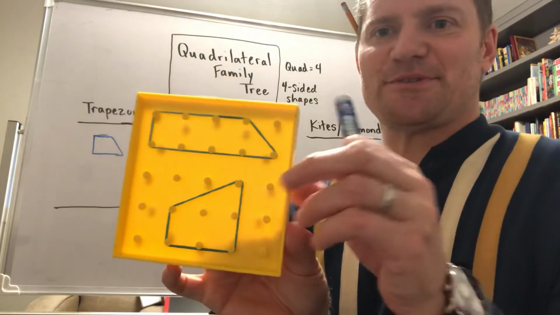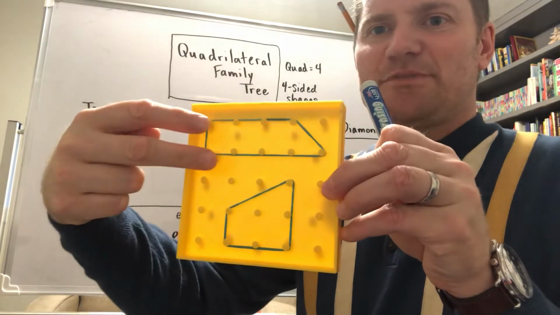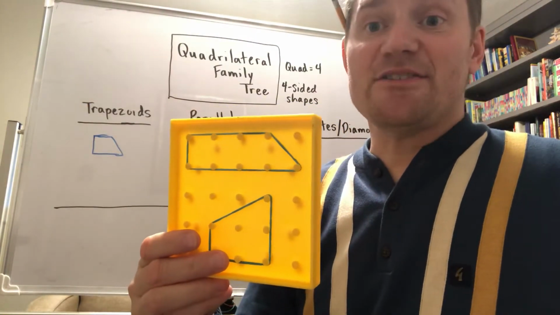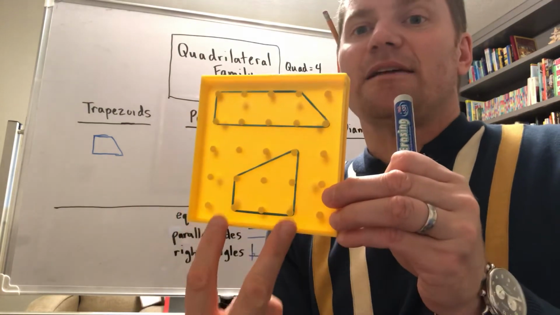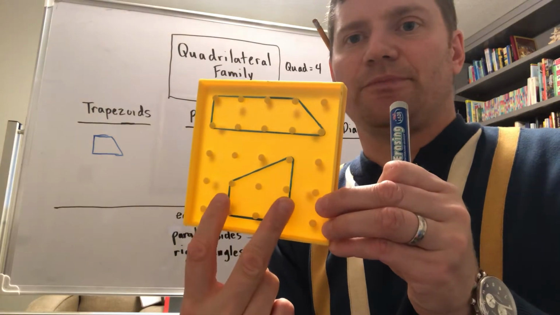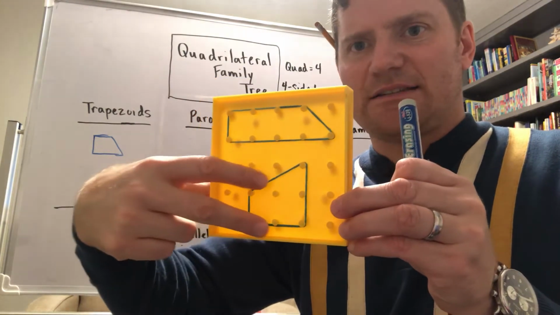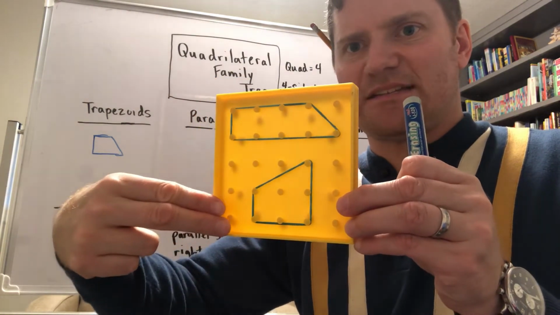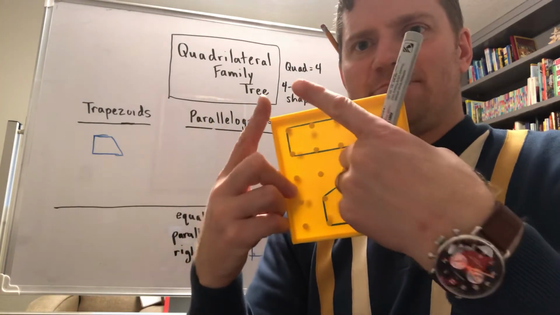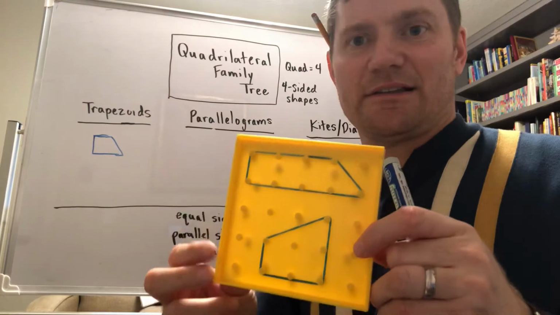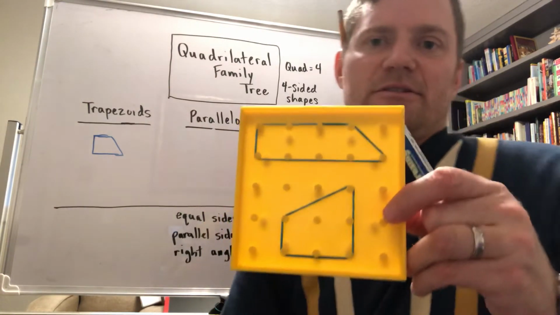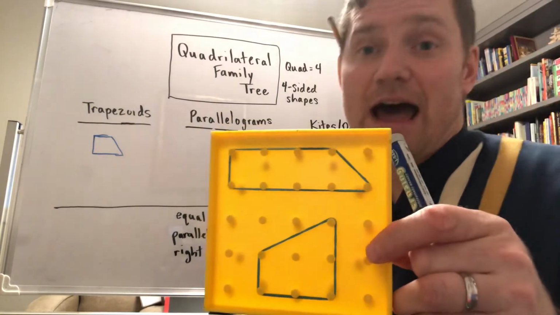So here are a couple trapezoids, because you can see on the top shape, the top two lines are parallel. That means they're never going to meet. The bottom one, you can see it's the two side lines that are parallel, right? These two lines, the top and the bottom, would actually meet somewhere over here. And this line would eventually meet too. So those are not parallel lines. They only have one pair of parallel lines. The other sides of it are not parallel.